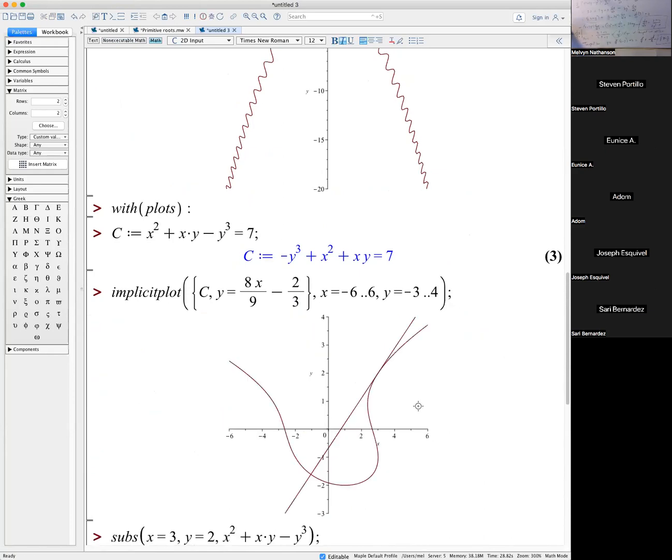Ah, there we are. Okay, perfect. So here you see the curve. This is the point 3, 2, and there's the tangent line.